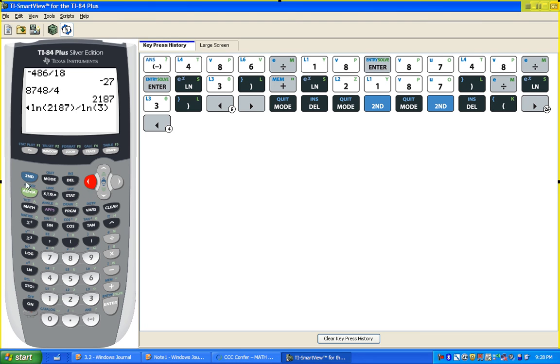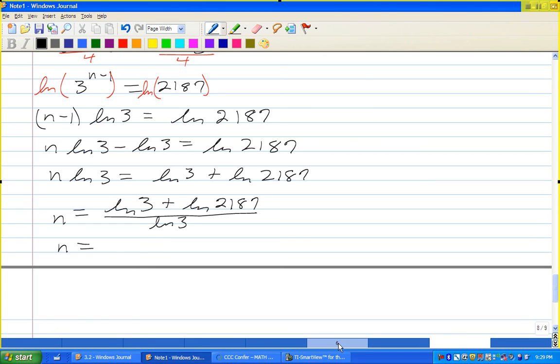Okay, that's in the parentheses. And so you get 8. So there are 8 terms in the sequence.